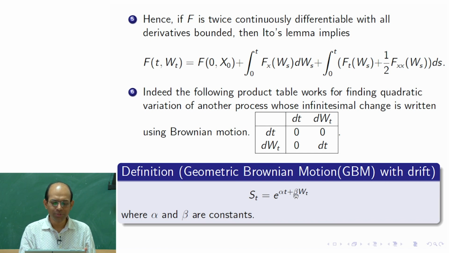Why geometric? There is no geometry after all, it is just that Brownian motion has additive increments, but here it is in the power of e, so product-type things appear. That is why we call it geometric Brownian motion.